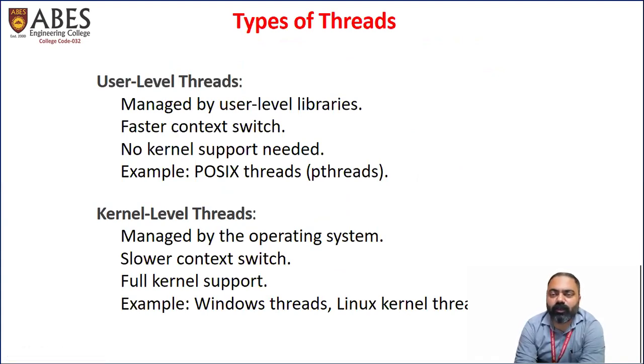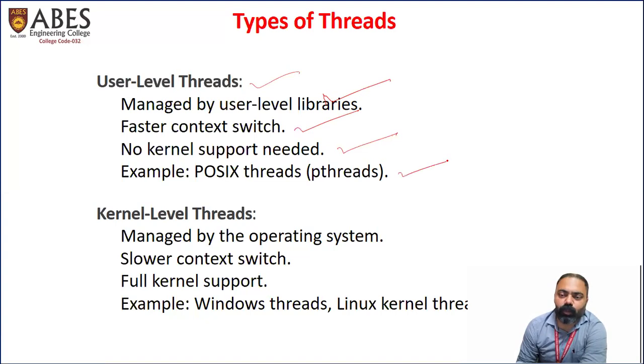Types of threads. There are mainly two types of threads, user level threads and kernel threads. User level threads are managed by a user level library. Context switch is faster in user level threads. No need of kernel. For example, POSIX pthreads. The second category is kernel threads, managed by the operating system, not by the user library.